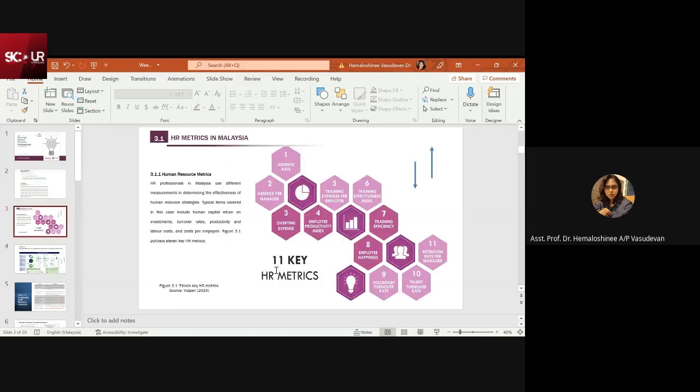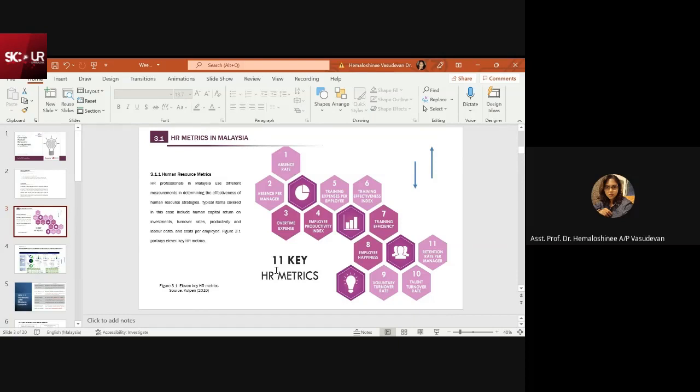Yes, ma'am. Understand. Okay, so when you look into the HR metric in Malaysia, you can see the HR metric that they look into employees' perspective. They have 11 key HR metrics. The first, absent rate. Second, absent rate per manager. Third, overtime expense. Fourth, employee productivity index. Fifth, training expenses per employee.